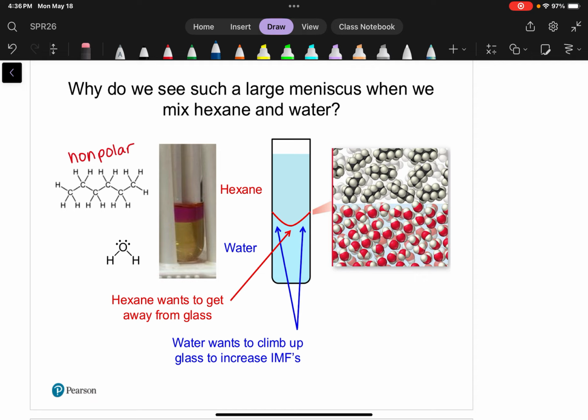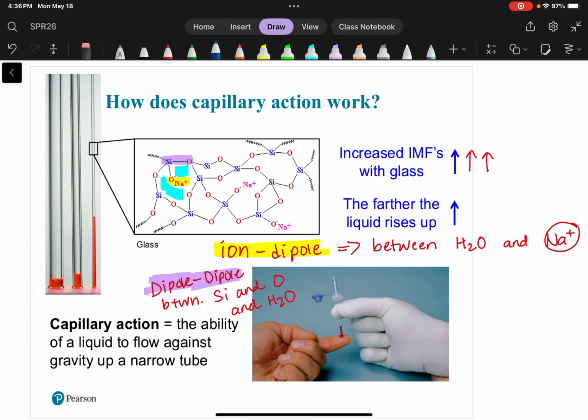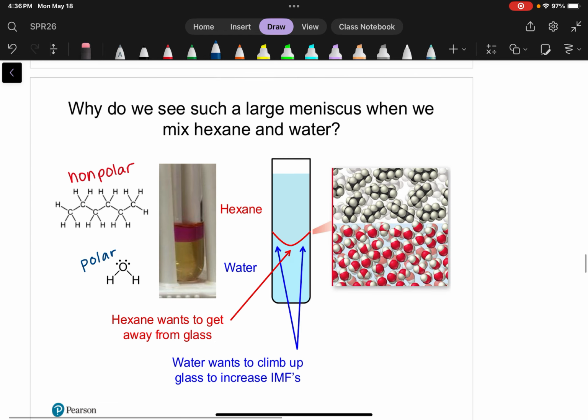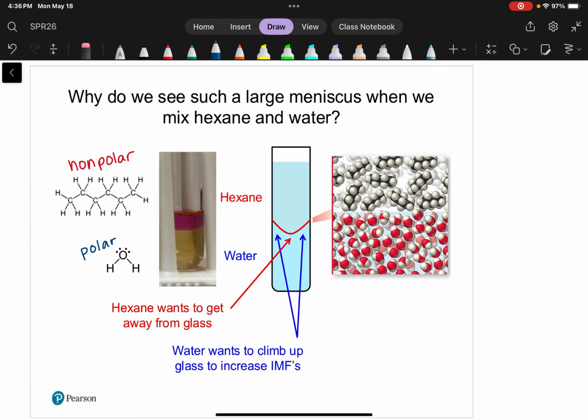But with water, we have a polar molecule, which we've talked about many times. And we know that glass is capable of both dipole-dipole and ion-dipole forces.